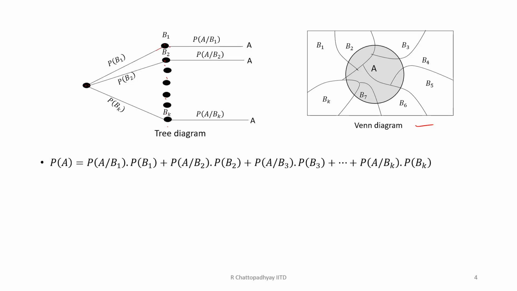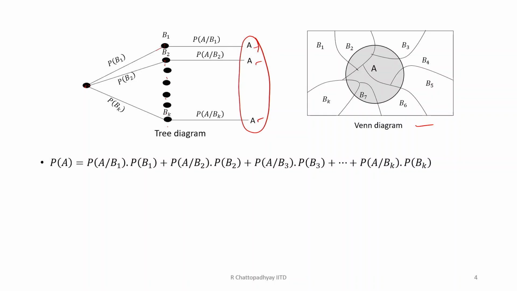Then I draw a horizontal line and write A at the end of the line. A is something which is common to all of these events. That's why A is coming here. I draw a line from the source, put the nodes B1, B2, B3, B4, all those events, and this is what is called a tree diagram.